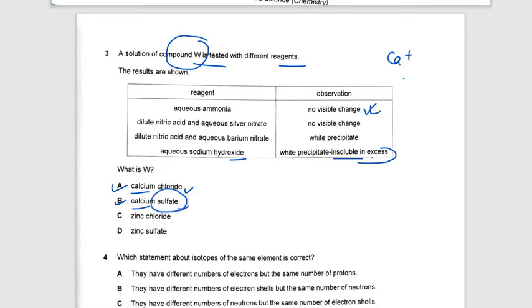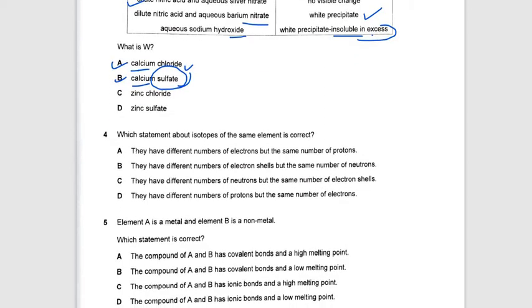You know the sulfate test? Sulfate ions, whenever they react with barium nitrate, give you barium sulfate, which is the white precipitate. So it is telling you that the calcium cation is present and the sulfate anion is present in your compound.